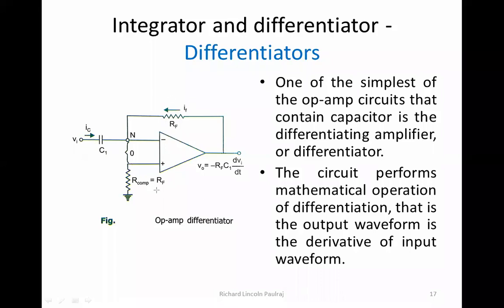Of course, it's not mandated to have a resistor here, but we will see why we are using this resistor here. One of the simplest op-amp applications that contain a capacitor is the differentiating amplifier, a differentiator which actually has a capacitor.